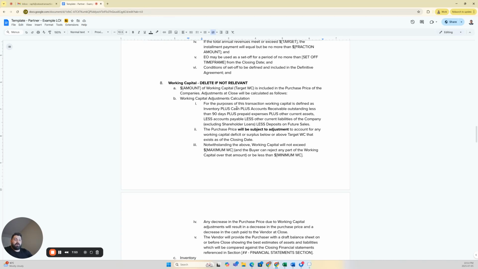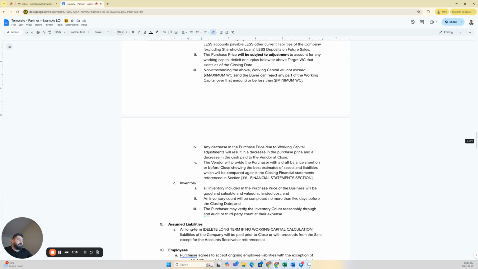So all your short-term assets minus short-term liabilities, net of excess cash or excess working capital. And so there's ways to calculate that where you just look at the actual operating working capital and you take out everything that's not required for the operation of the business to calculate exactly how much liquidity is required to be in the business in order to operate it.